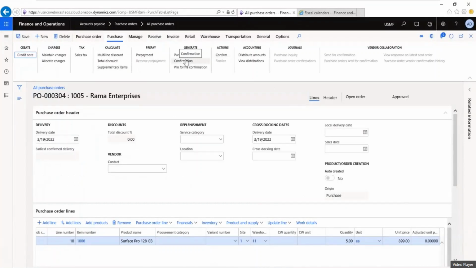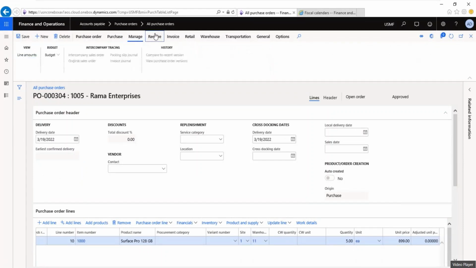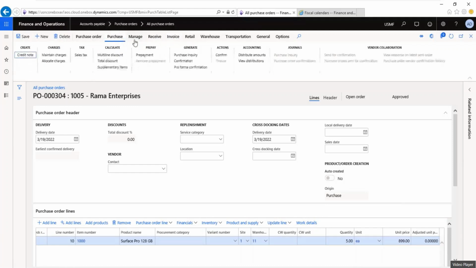So there are 2 buttons in the purchase order page. These are tabs. Purchase tab. Purchase order page, confirmation, actions, confirm. Both are the same. In this, you can take a printout. In this, you are doing it without any printout. In the confirmation, it will allow you to select printout. In this, we are not selecting. Either one you can use.